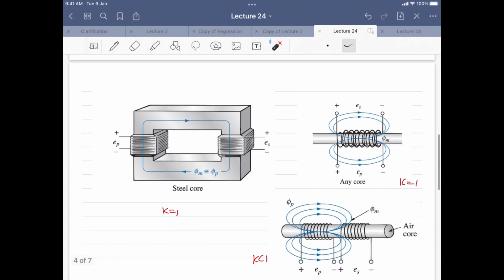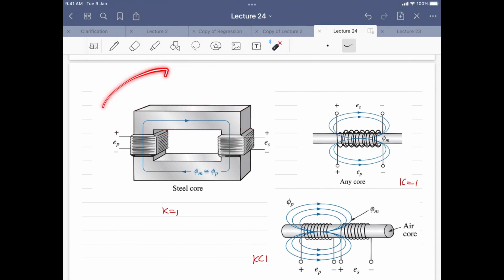In this particular case, instead of putting it in air, if I put it in a steel medium, in the steel core, so steel is in between the primary and the secondary. Steel gives you a less resistive path compared to air.